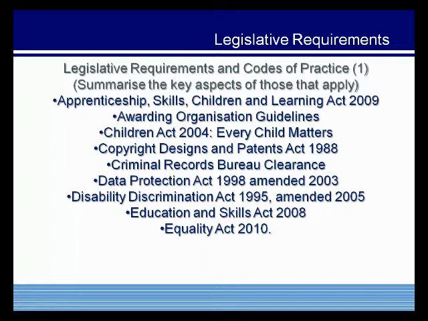So, some more that I put down, we've got Apprenticeship Skills Children and Learning Act 2009, Awarding Organisation Guidelines, Children Act 2004, Every Child Matters, Copyright Designs and Patents Act 1988, Criminal Records Bureau Clearance, CRB check, Data Protection Act 1998, amended 2003, Disability Discrimination Act 1995, amended 2005, Education and Skills Act 2008, and Equality Act 2010.